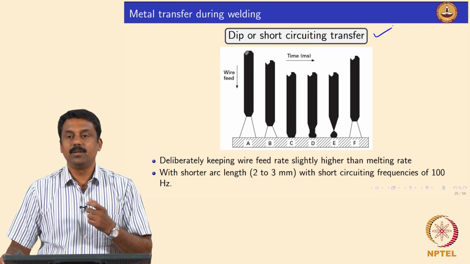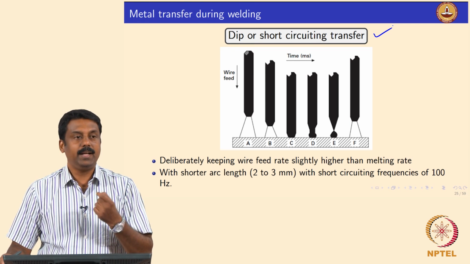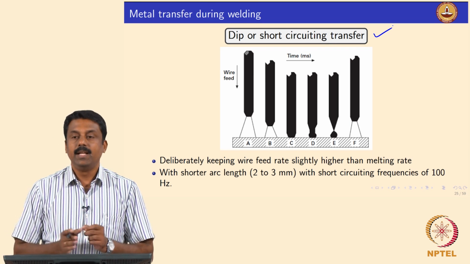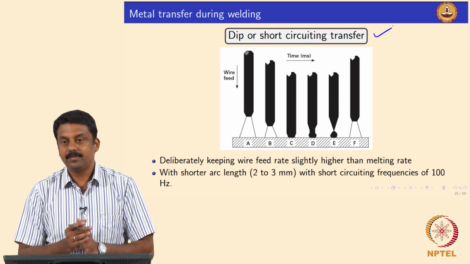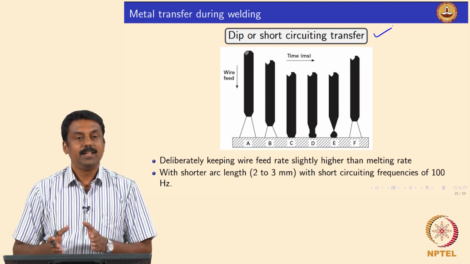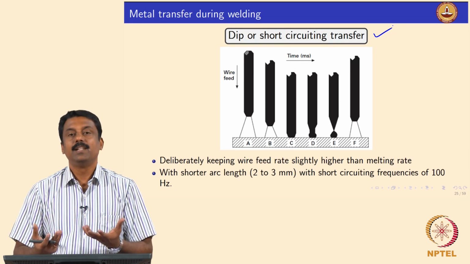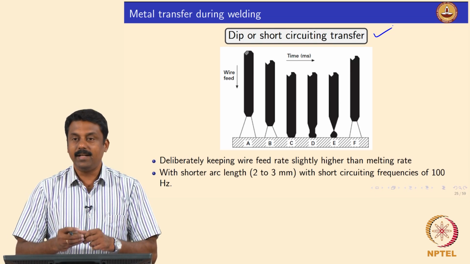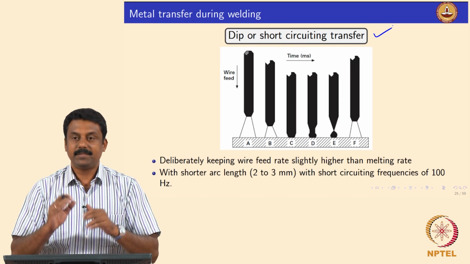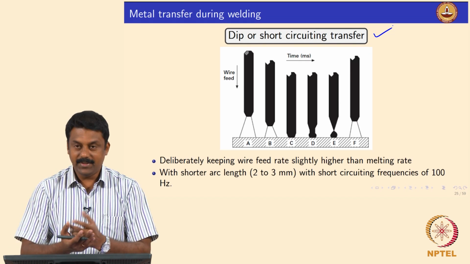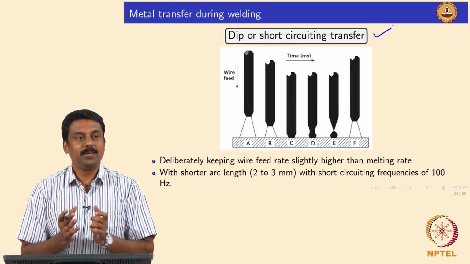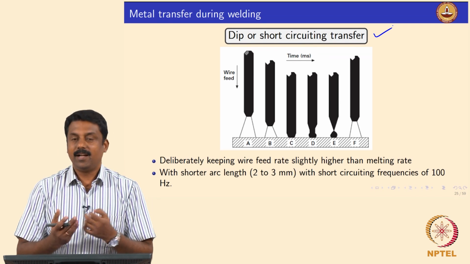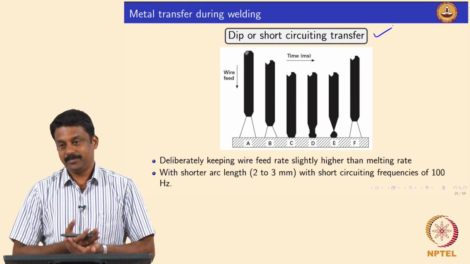By carefully manipulating the event of short circuiting, we can switch off the arc momentarily, so that when the droplet is transferred, it is transferred by surface tension of the liquid, no other factor. By doing so, we can reduce the superheating of the pool.